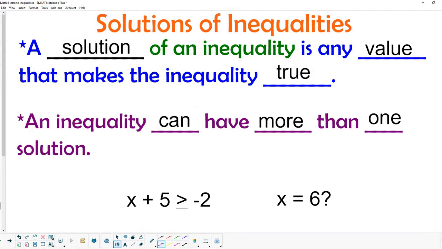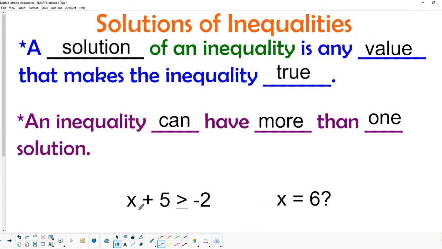Okay, a solution of an inequality is this. A solution of an inequality is any value that makes the inequality true. And as we've seen, there are more than one answer. An inequality can have more than one solution, such as the ones that you see here. For example, is 6 a solution?